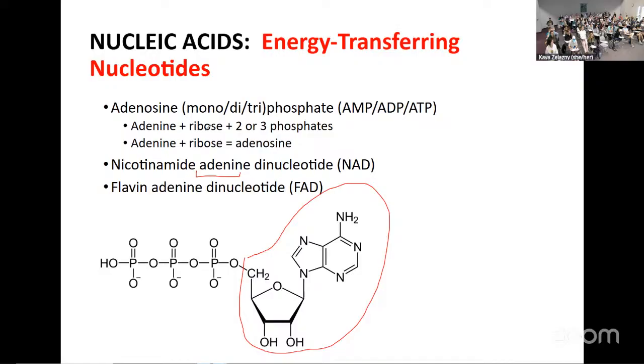This is going to be shuttling electrons around in our metabolic processes so that we can make ATP. So we'll take a look more specifically at that when we get to those portions of metabolism. Flavin adenine dinucleotide is also going to be working the way that NAD does. So these are all versions of nucleic acid nucleotide structure.